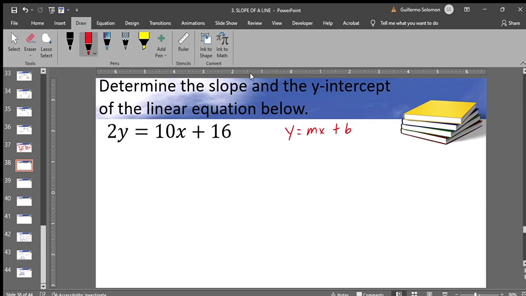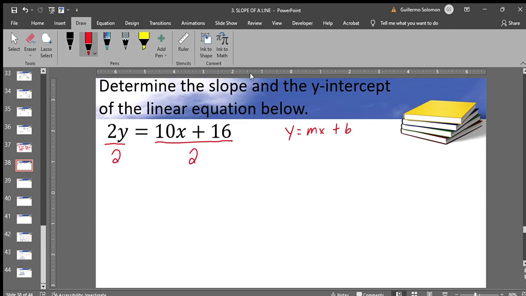Now, tingnan nyo, ang may term na y nasa right hand side na. And also yung term na may x nasa right hand side na. So, kailangan na lang natin gawin, we don't apply the transposition method, so we need to divide both sides na lang by the numerical coefficient 2. So, divide both sides by 2.